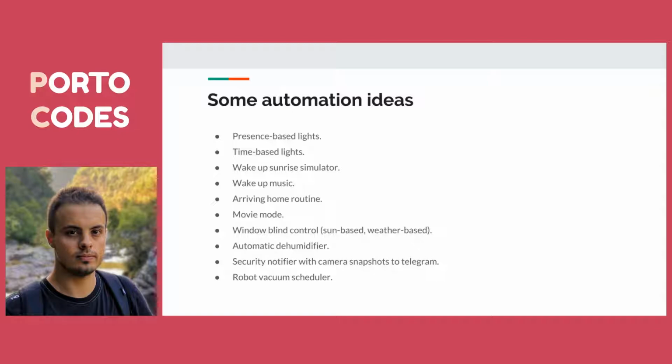Time-based lights are the same thing, but based on time. Let's say, like the sunset example, you want the lights to turn on every day when it gets dark. The wake-up sunrise is something that I use and, at least for me, it's pretty cool. It's having a light fading in about 20 minutes before your phone alarm goes off.